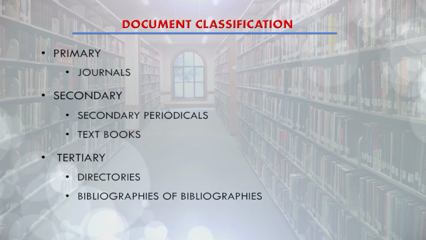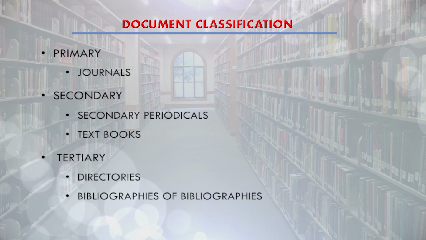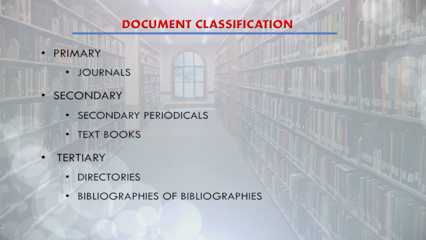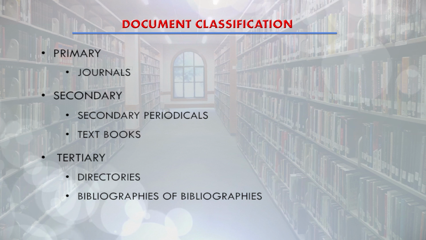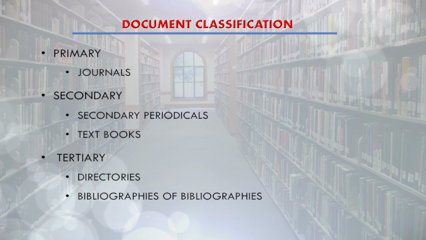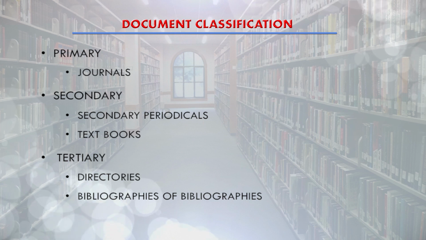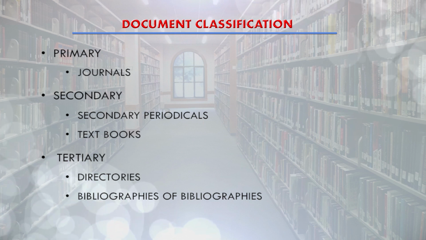Now, documents have been classified in different ways, and we have talked about primary and secondary periodicals. Similarly, we also have secondary sources of documents, and this includes textbooks and others also. And similarly we have tertiary documents also, like directories and bibliographies. So, you have a variety of documents.